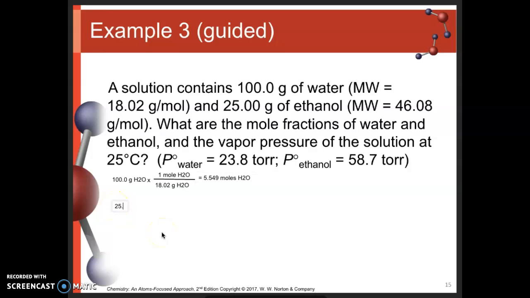This time we've got 25 grams of ethanol, C2H5OH. The molar mass of that is 46.08 grams in 1 mole.